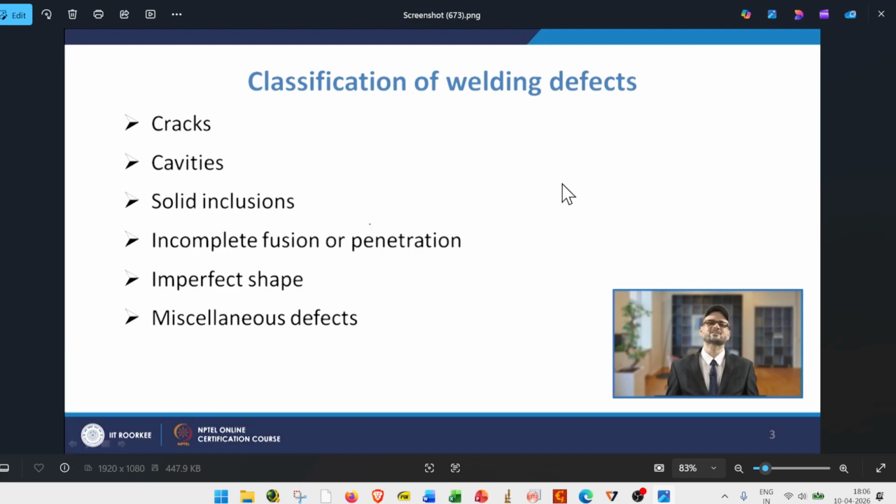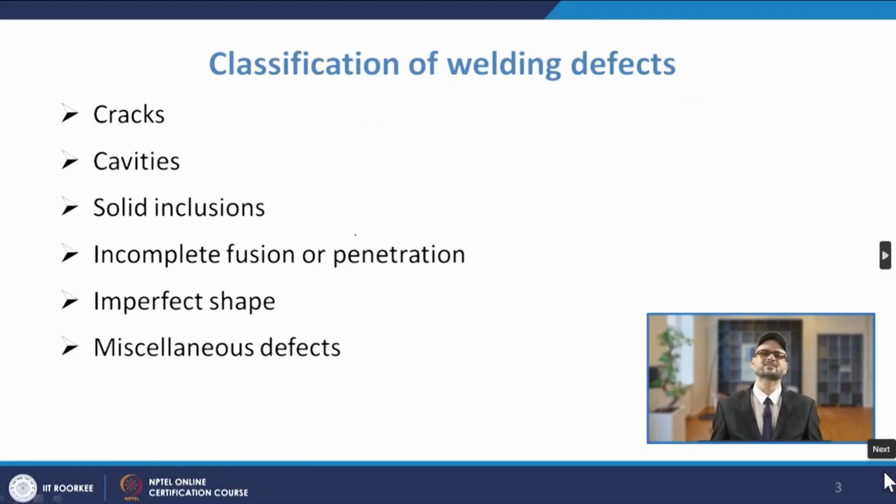What kind of welding defects can we classify? One is cracks, second is cavities, next is solid inclusions, incomplete fusion or penetration, imperfect shape, and miscellaneous defects.